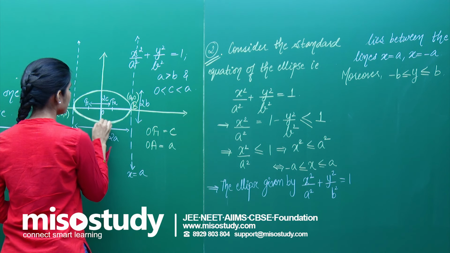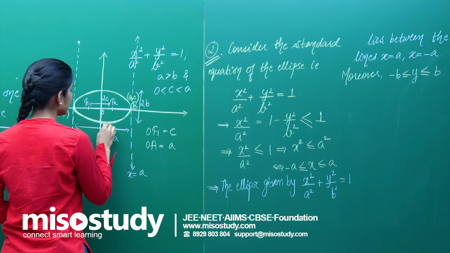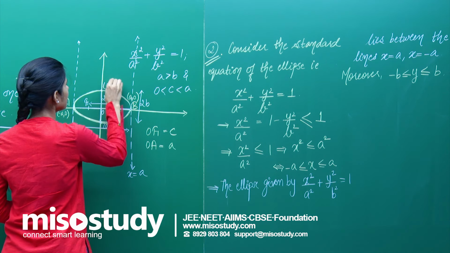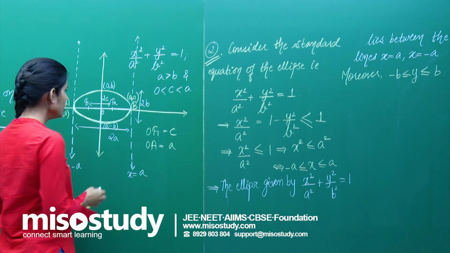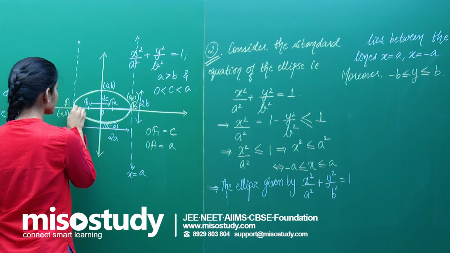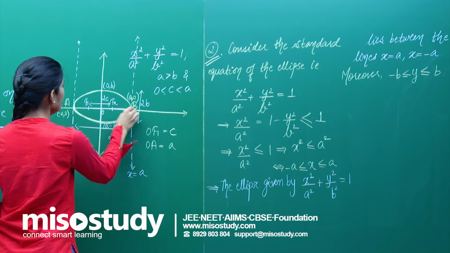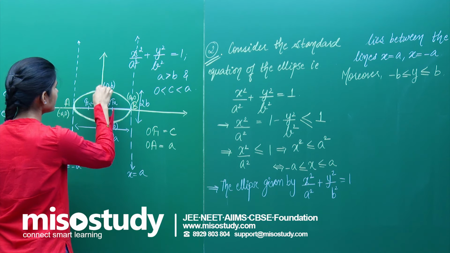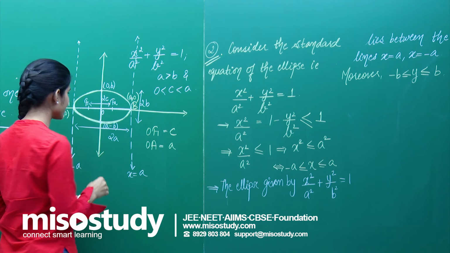This point is minus b, this point is b, isn't it? I am going to write this as 0 comma minus b, and this is 0 comma b. So the y coordinate of all the points are coming only from this range of y axis, and x coordinate of all the points is coming from only this portion of the x axis.